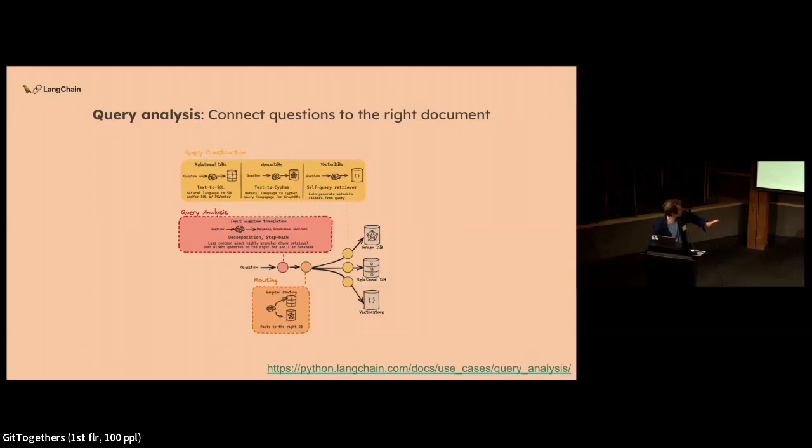Query analysis is all about restructuring questions to improve retrieval. I think that'll still be relevant. Routing, taking a question and routing it to the right database or to find the right document, that's still relevant. Query construction, text to SQL, text to Cypher for graph DBs, that's all still relevant. So this stuff doesn't change too much, even with long context LLMs.